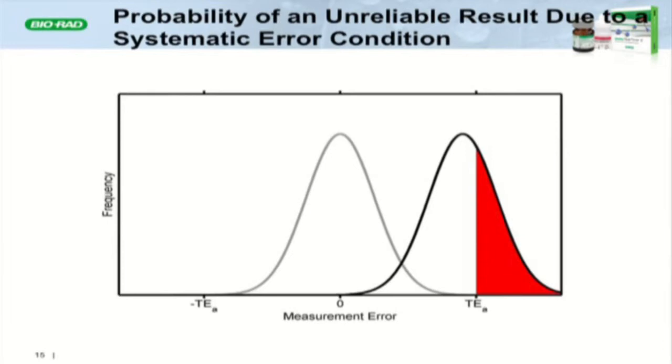So for every possible magnitude of out-of-control error condition, there's a different likelihood of producing unacceptable results. While that out-of-control condition exists, every result is affected by it, but it's not necessarily the case that every result will be considered incorrect, will fail to meet its intended use. It will depend upon the magnitude of the condition.